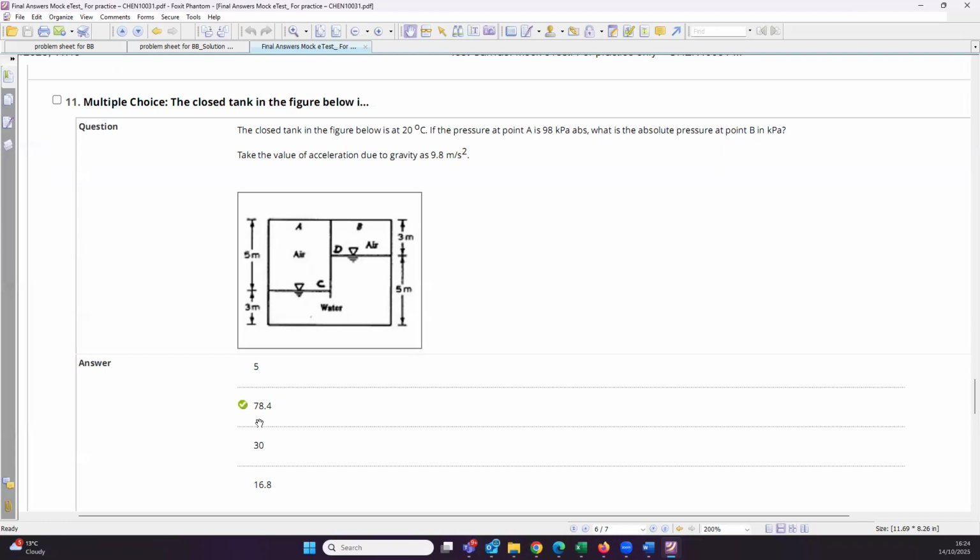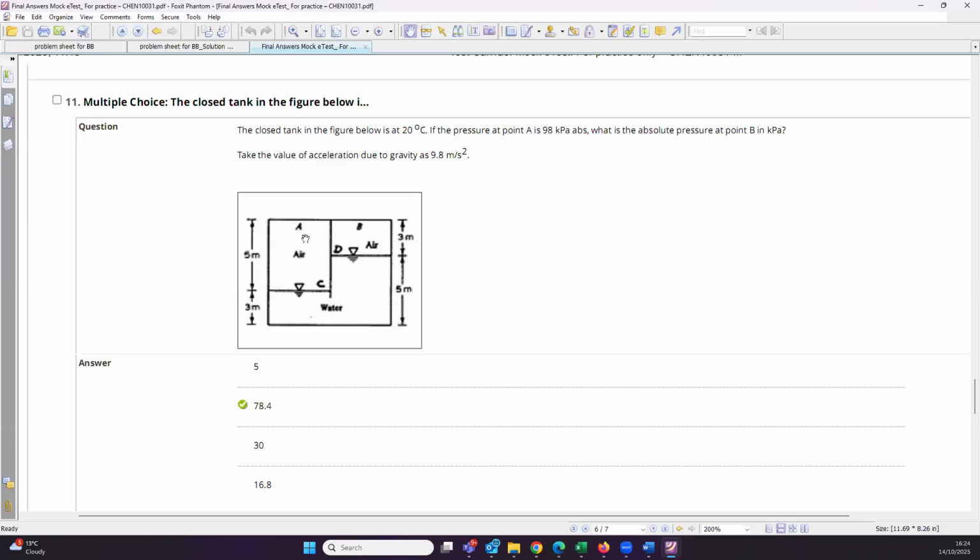And obviously the answer you can see on the screen, but as I was explaining, without even knowing the value of the pressures, I was just telling you that this pressure is higher than this pressure, so that can help you find a good answer as well. Let's say if your answer is coming to be greater than 98, you should be saying that no, there is no way it is correct because the pressure has to be higher here. Okay, so these kind of concepts help you understand if the answer is right or wrong.